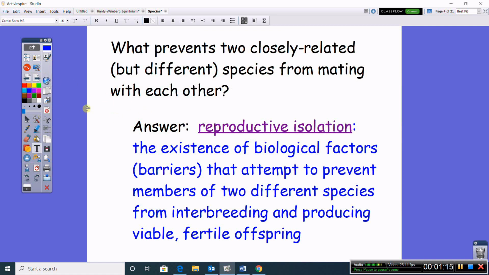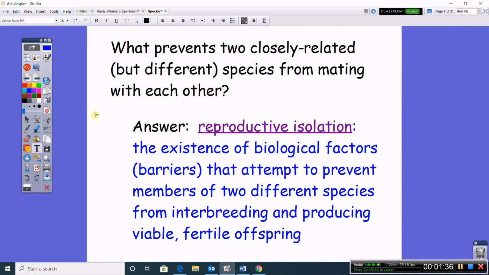All right, so then we need to think about what prevents two closely related but different species from mating with each other. And the answer to that is reproductive isolation. Different species are going to be reproductively isolated from each other.